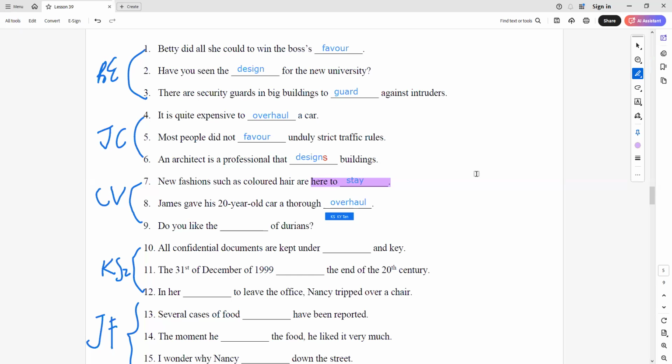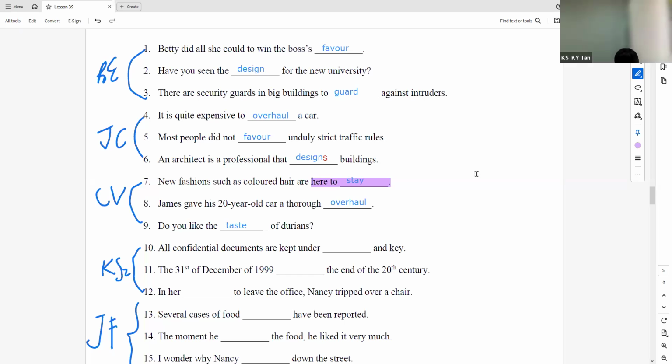Entire 是全面的，这个不是 true 啊，还是 tho 来的，所以要读成 entire。OK，entire 全面的整修哈，overhaul。Yes, number 9. Do you like the taste of durians? Yes, you like the taste of durian. 你喜欢榴莲的味道吗？OK, thank you, Chalvis. Counter number 10 to 12.